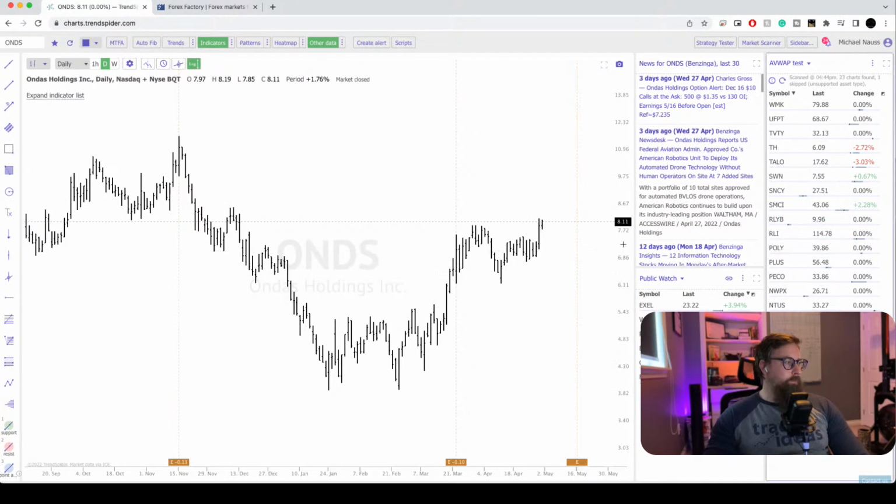ONDS. So it's at 8.25, 8.27. The reason I like this one, again, obvious relative strength, right?